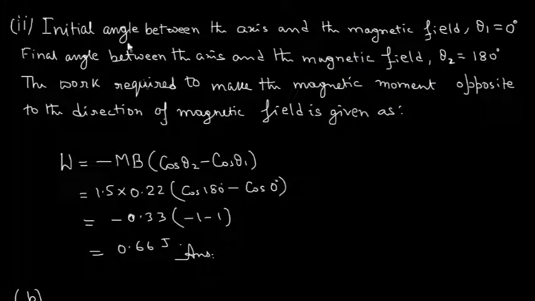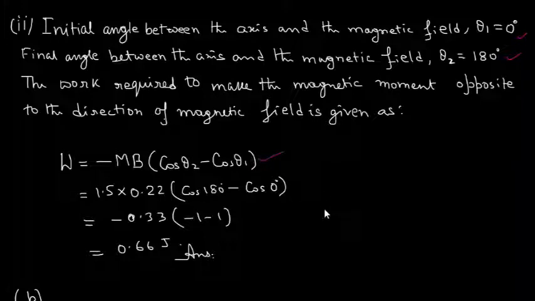The next part of the question. 2. Initial angle between the axis and the magnetic field, theta 1, is equal to 0. Final angle between the axis and magnetic field, theta 2, is equal to 180 degree. The work done to make the magnetic moment opposite to the direction of the magnetic field is given as W is equal to -MB (cos theta 2 - cos theta 1).